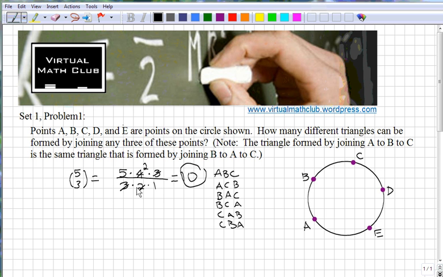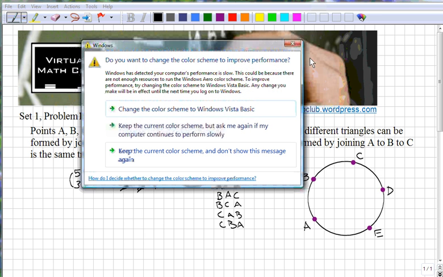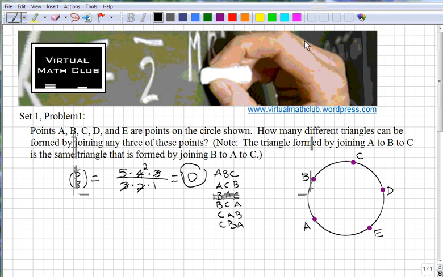And the other way to look at it, like we did before, is to look at the number of ways we can choose 2 points instead. Whenever we choose 3 points, we automatically leave 2 out. So the number of ways to choose 3 points from 5 will be the same as the number of ways to choose 2 points from 5.